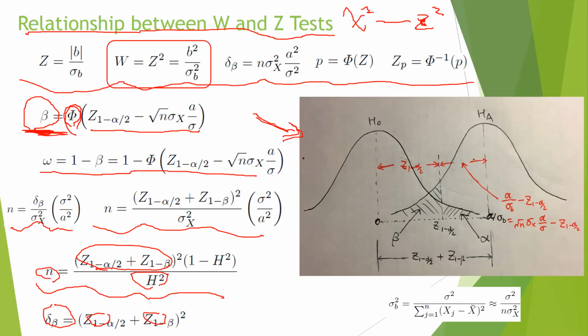But I think it is very helpful for understanding the relationship between the chi-square distribution and the normal distribution, and how we can use this association to calculate the power or the sample size in the chi-square distribution.